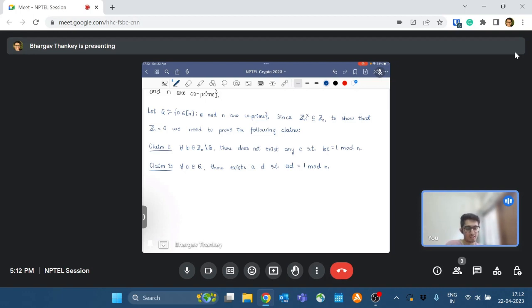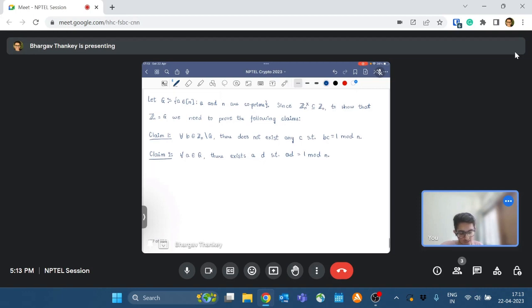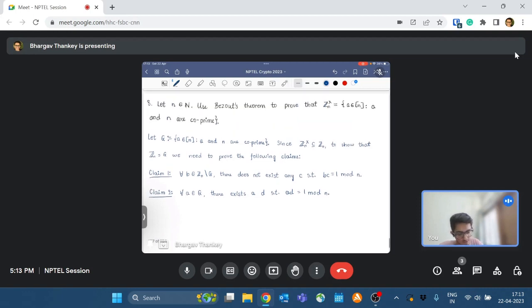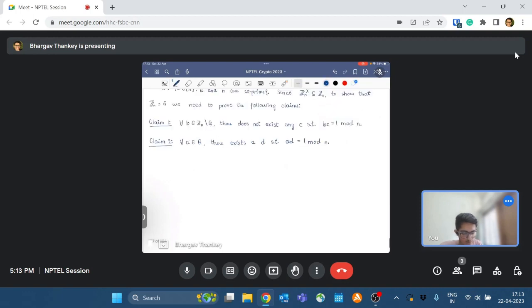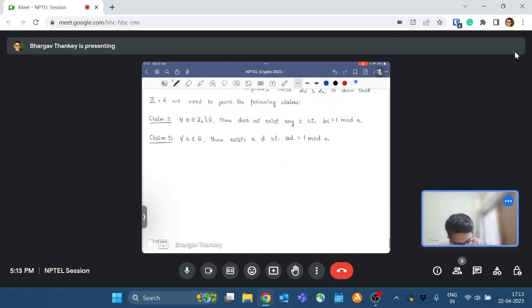So this will show us that the only numbers which have multiplicative inverses mod n are the numbers in G. Then it's easy to show that this is also closed under multiplication and has the identity element. So if we prove claims 1 and 2, we would have shown this. So let's prove both these claims.